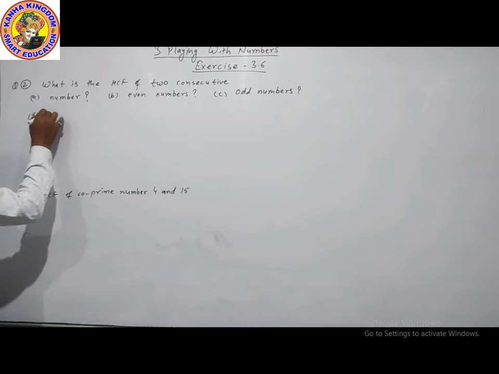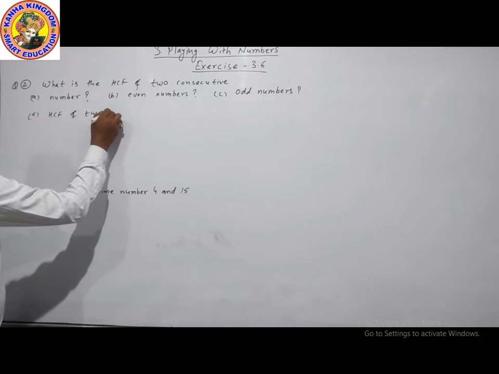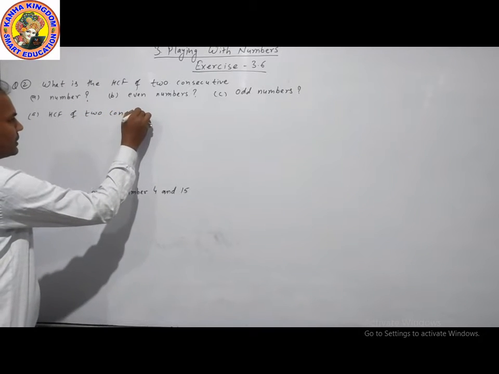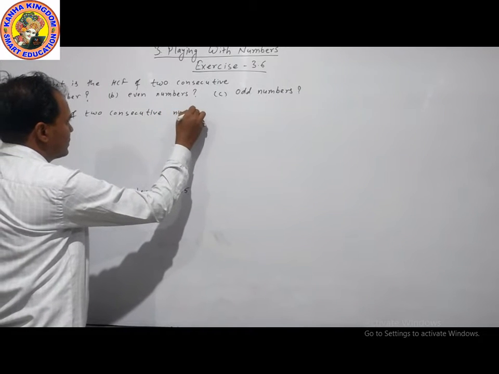The first one is the HCF of two consecutive numbers.